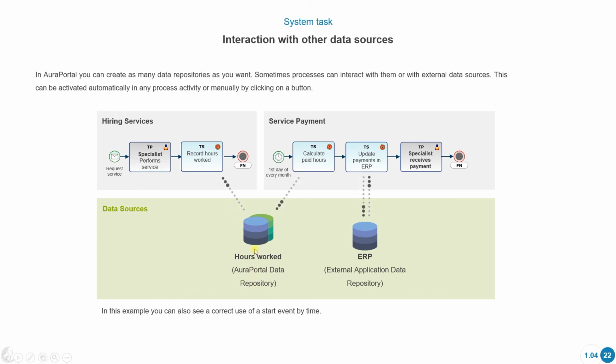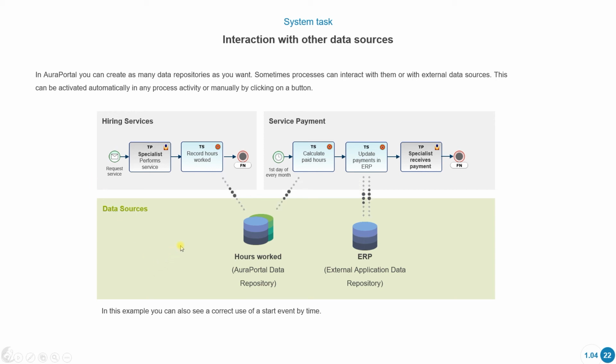Later on, maybe a process is triggered every first day of a month, and the first thing it does is retrieve the information from this data source in order to send it to a specialist. Besides, here we have another system task that automatically updates the information in an external database. These types of communications are always going to be performed by system tasks.